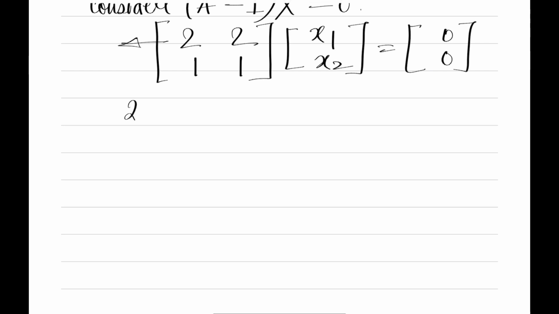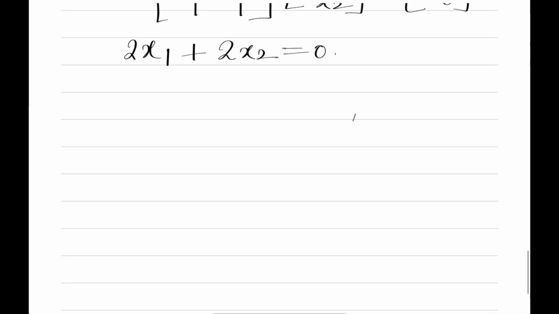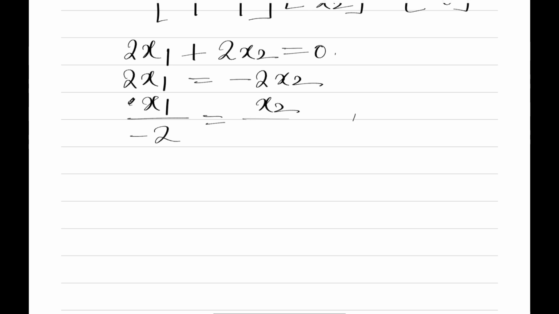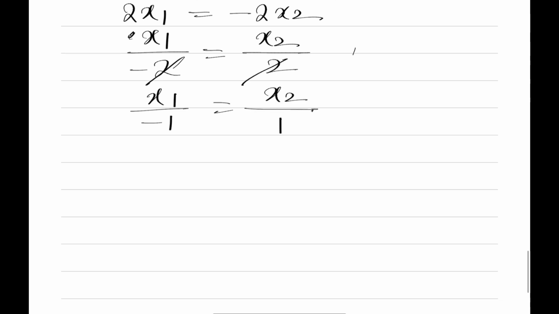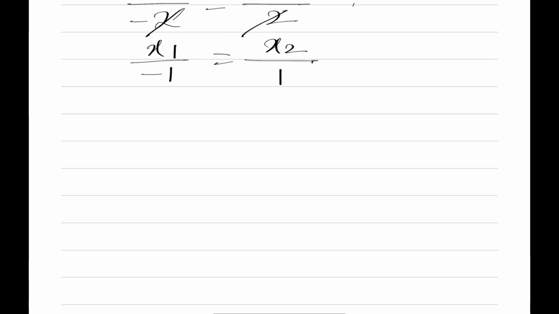So the equation becomes 2x1 plus 2x2 equals 0. Now we can write 2x1 equals minus 2x2, and x1 by minus 2, we will cross multiply, x2 by 2. We will cancel out each other. x1 will be minus 1, x2 will be 1. Now we got our second eigenvector.